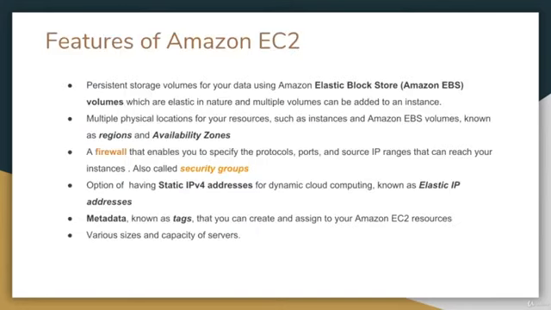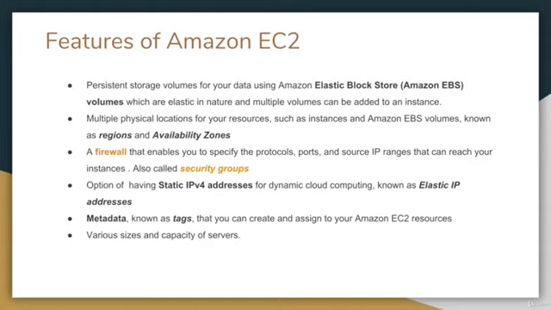Some of the features of Amazon EC2: it has an option for persistent storage volumes by using Elastic Block Store. You can attach multiple Elastic Block Store volumes to your EC2 instances. You can place your EC2 instances in multiple availability zones, which are miles apart from each other, and place EC2 instances in different regions, right?